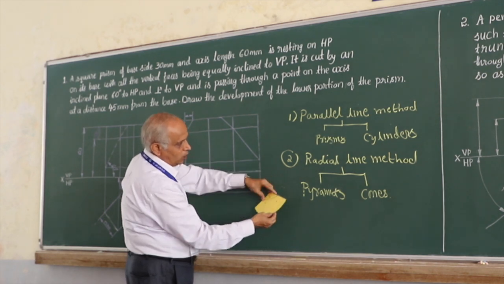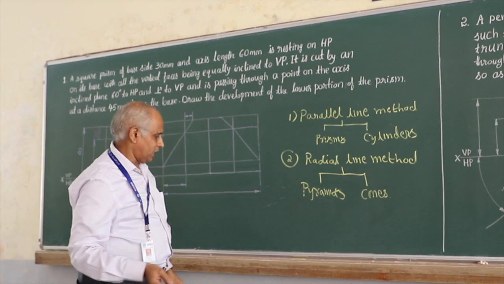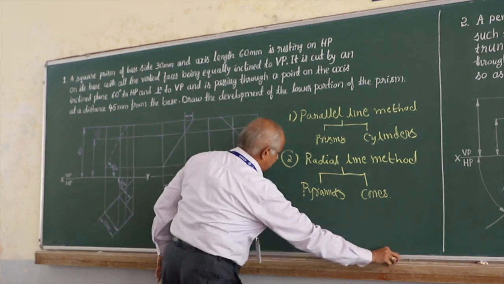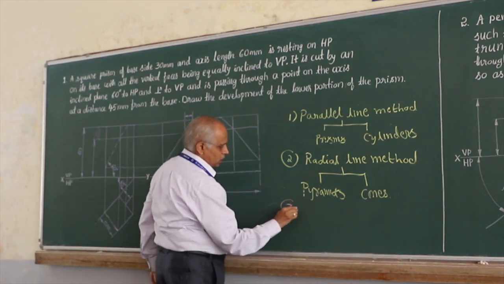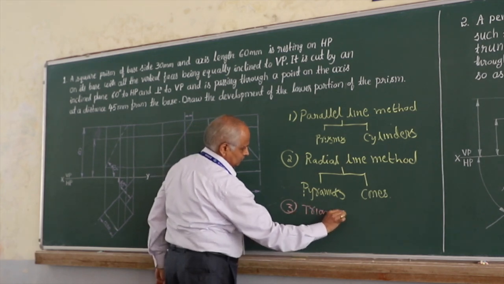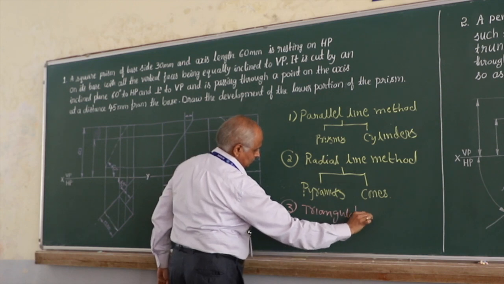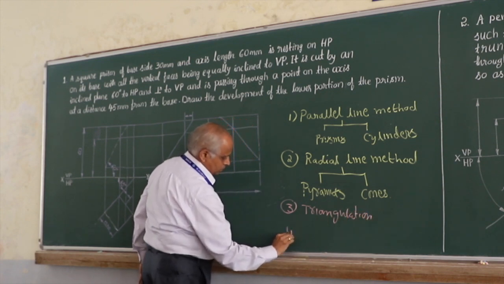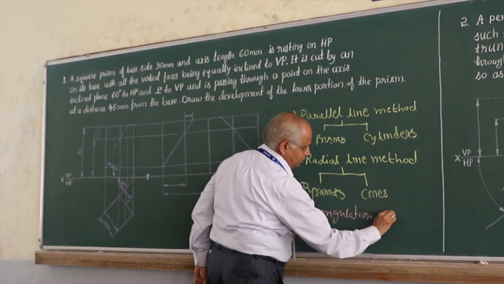Therefore, this method is called the radial line method. Of course, we don't have in the curriculum the other method, which is the triangulation method, and this is applicable for transition pieces.